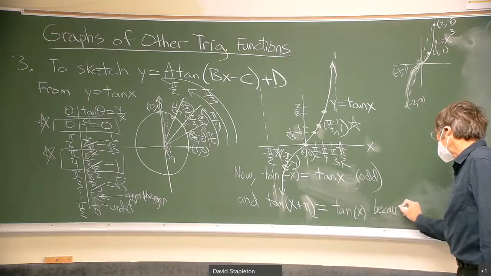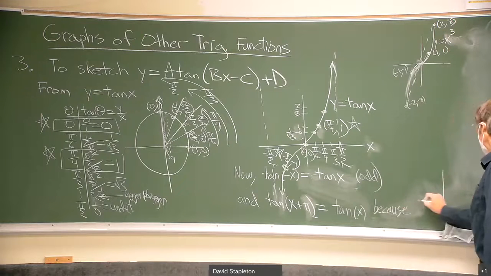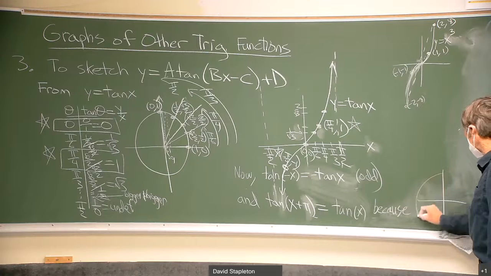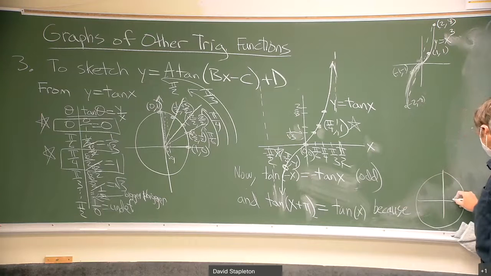It's because, using the unit circle again, if I now call my angle x instead of theta, suppose I take an angle x here, right? And I find the sine and cosine. Well, I drop the perpendicular and take this coordinate over this coordinate to get the tangent.